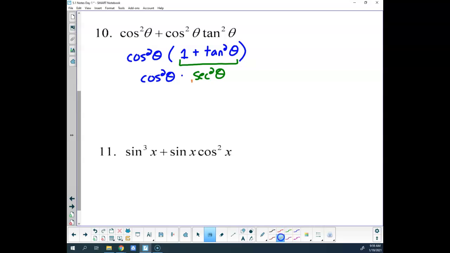Secant squared is 1 over cosine squared. Cosine squared times 1 over cosine squared is just 1. Questions, comments, concerns, clarifications?